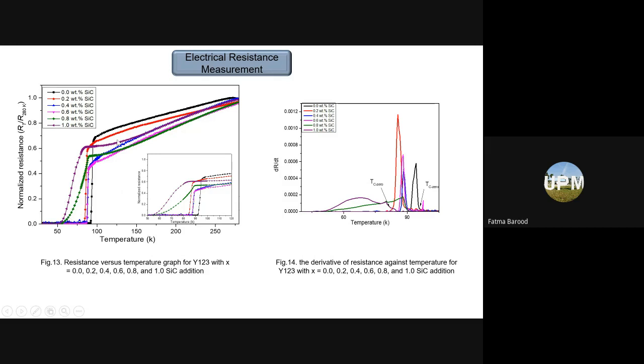However, the addition of silicon carbide for the samples with 0.8 and 1% silicon carbide affected the metallic behavior, which finally exhibited semiconducting-like behavior. This can also be seen from this graph.